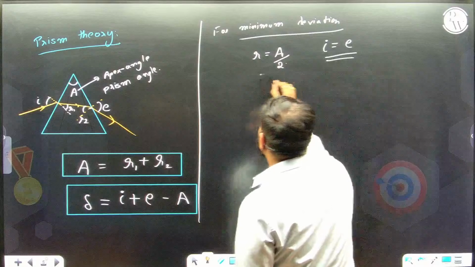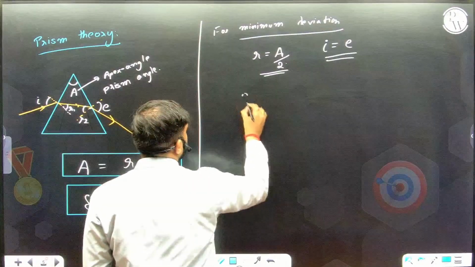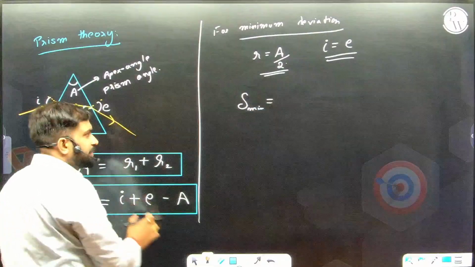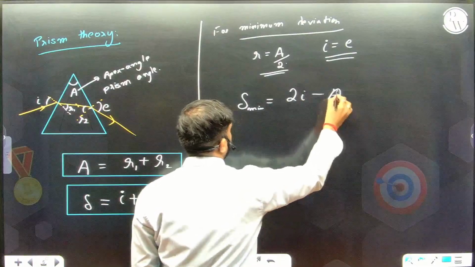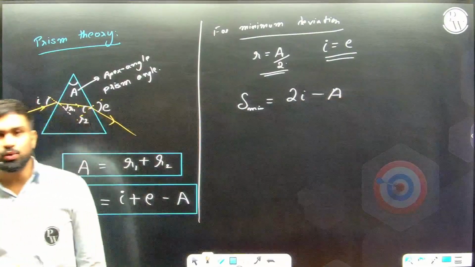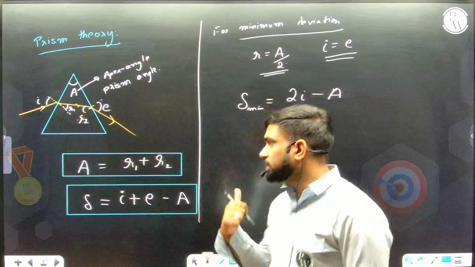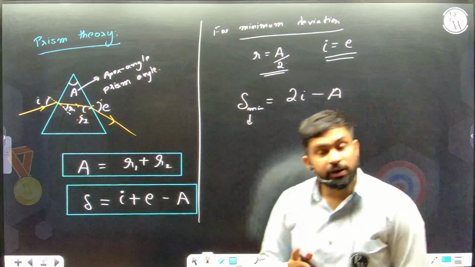For this we get the minimum deviation, and from here if I write delta minimum, delta m is equal to 2I minus A. Now sometimes they are going to give you a few data regarding this. They will give you the minimum deviation for a particular prism.